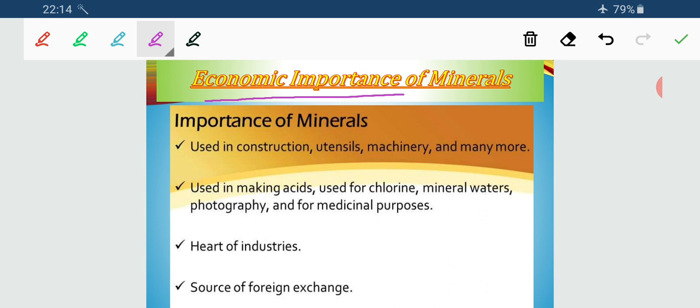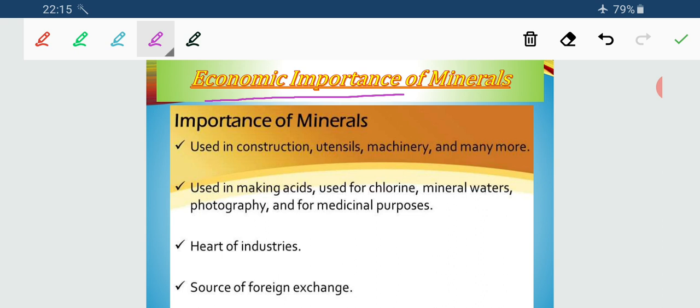Now have you ever thought of it? Your day begins with what? It begins with a toothbrush and toothpaste. So the toothbrush and the toothpaste also contain minerals, and your day ends by switching off the light. When you are switching off the lights, there also minerals are involved.